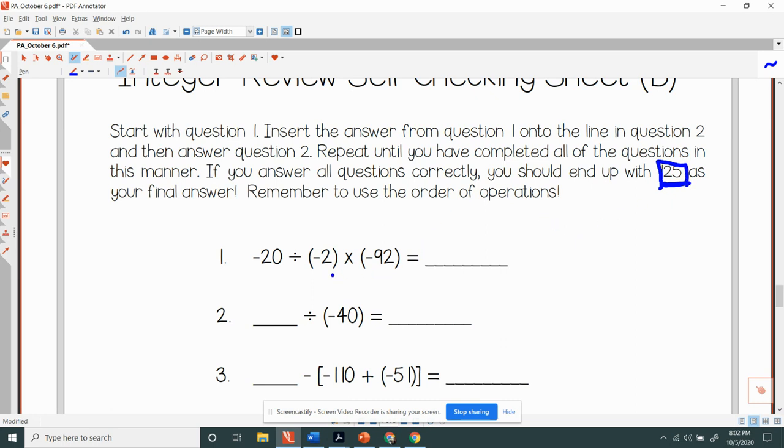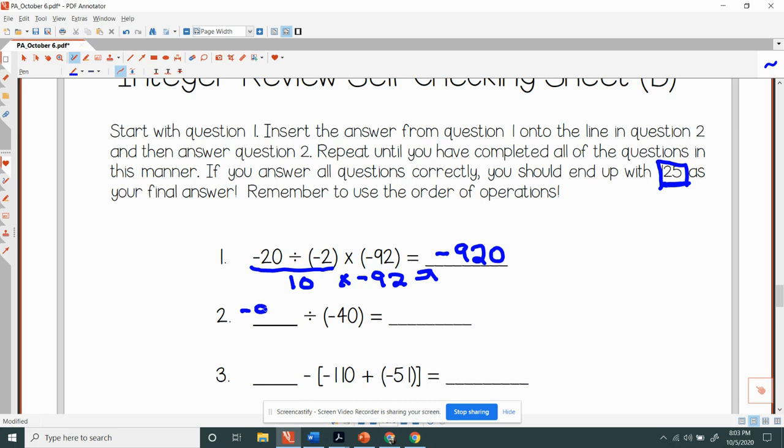So we have here 20 divided by negative 2 times negative 92. Well, we start here. Negative 20 divided by negative 2 is 10. 10 times negative 92 is going to equal negative 920, because negative times a positive is a negative.